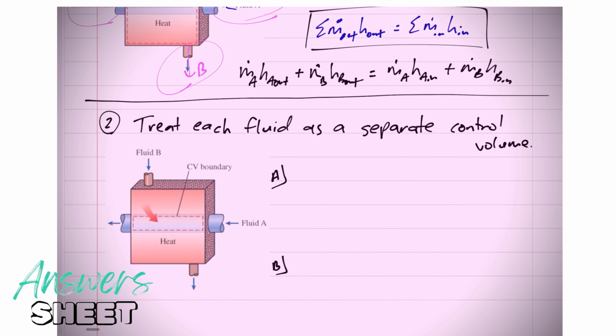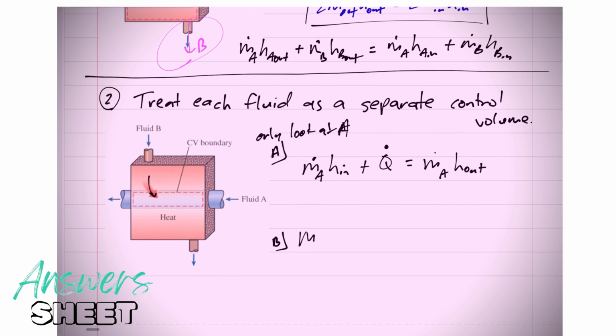All right, but if we treat them separately, so if we only look at A, then we do have some Q coming in, and it'd be something along the lines of this: m dot A h in, plus the Q between the two, equals m dot A h A out.